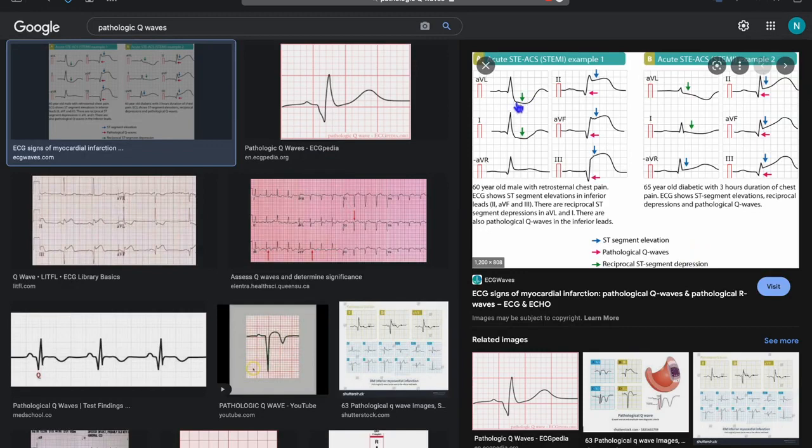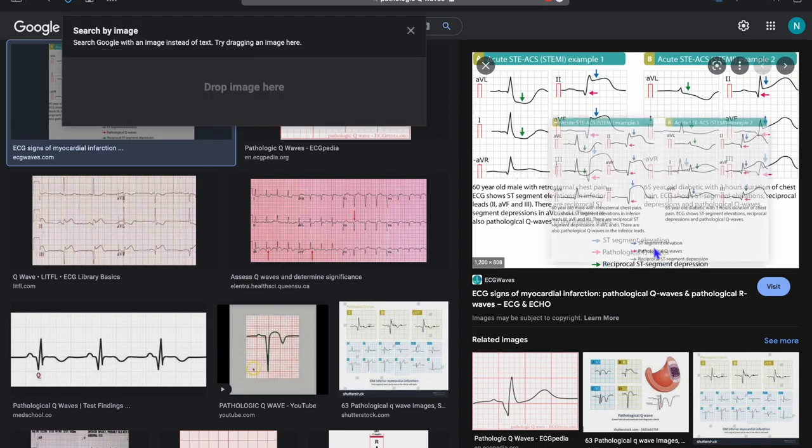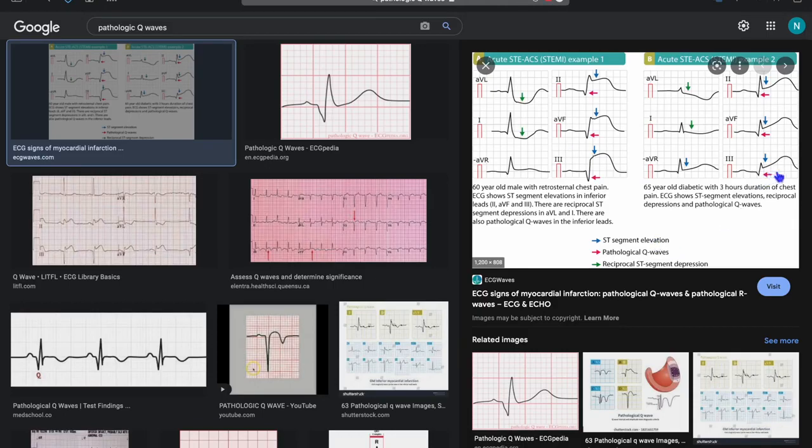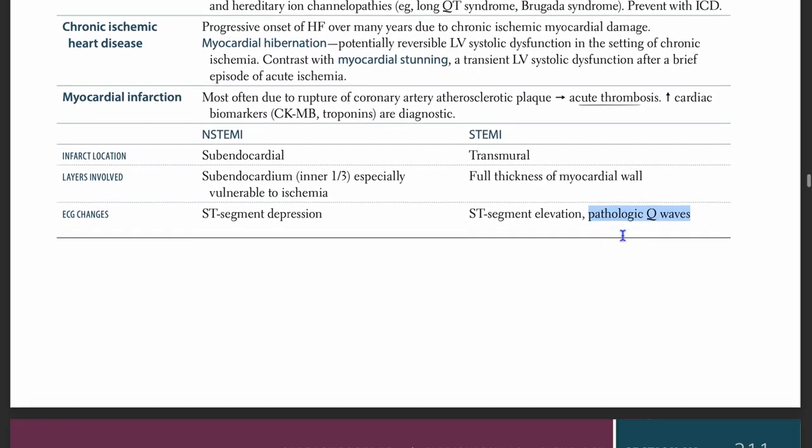This is depression, and this is elevation. So let's just say pathologic Q waves are the ones in red. And yeah, okay, we got it.